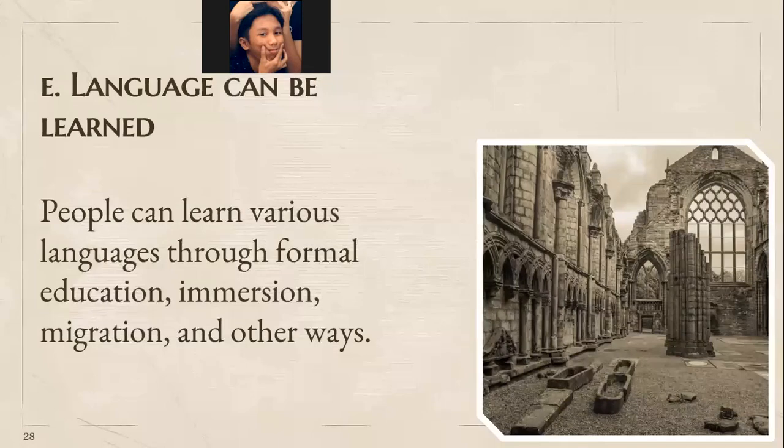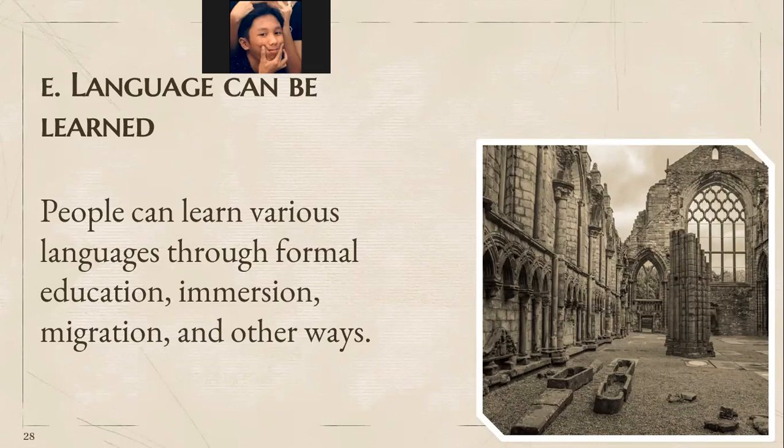Language can be learned. People can learn various languages through formal education, immersion, migration, and other ways. So even if you have your native language or first language, you can also learn other languages. Like for example, in your case, the Chinese language, although we don't have it anymore because of the situation. So in the previous educational system, you had Chinese language, right?